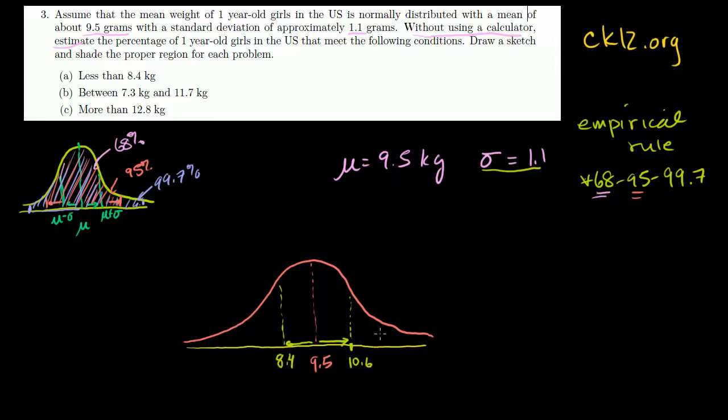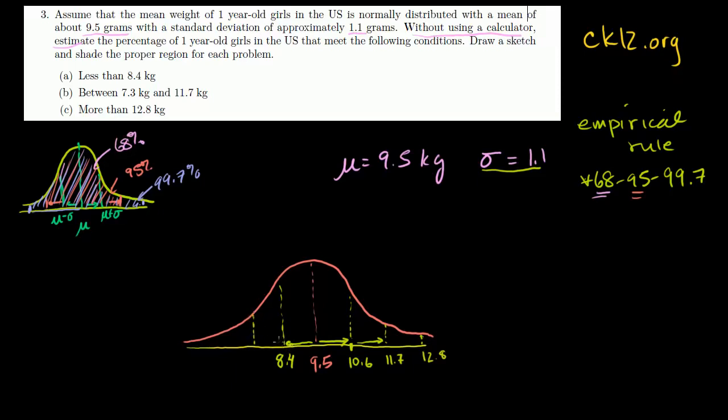If we go 2 standard deviations above the mean, we add another standard deviation, and that gets us to 11.7. If we go 3 standard deviations, we add 1.1 again, and that gets us to 12.8. Doing it on the other side, 1 standard deviation below the mean is 8.4.